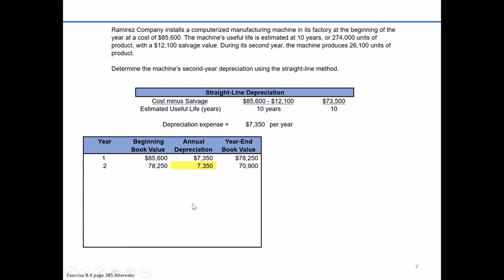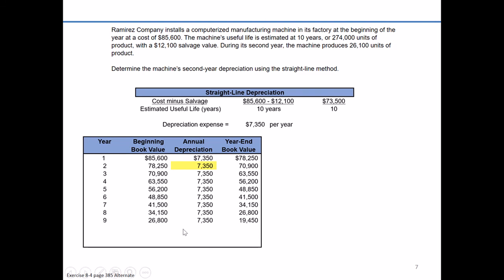Now I'm going to go through the rest of this rather rapidly, although not required, just to prove out that in every single year of the 10-year useful life, our annual depreciation expense is going to be $7,350. So every year debit depreciation expense for 7,350, every year credit accumulated depreciation for 7,350.